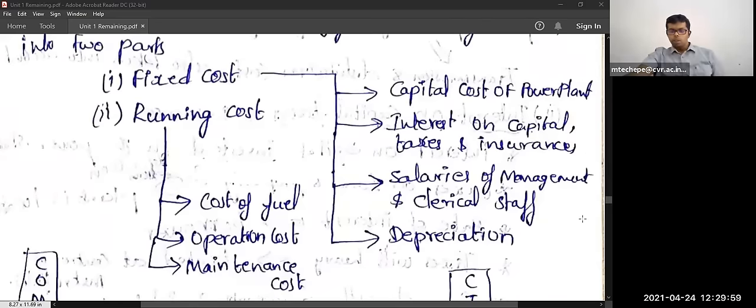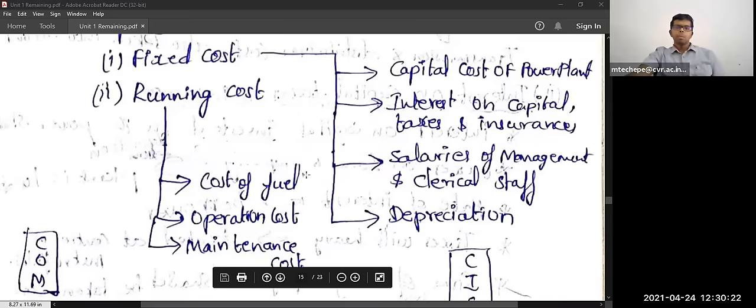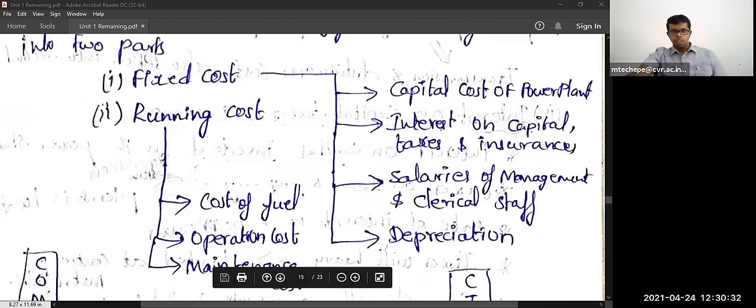For running cost, if you note down COM, that is cost of the fuel, operation cost, and maintenance cost. Even though you can remember, sometimes if you can't, these types of shortcuts you can easily take down and write all. Here, coming to the fixed cost.